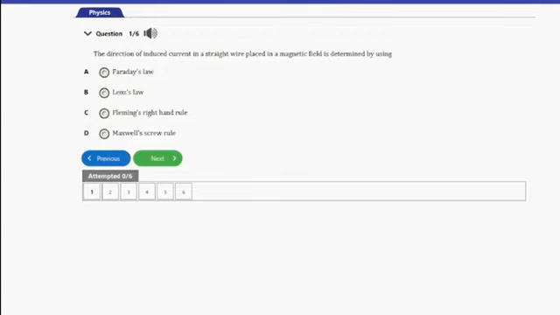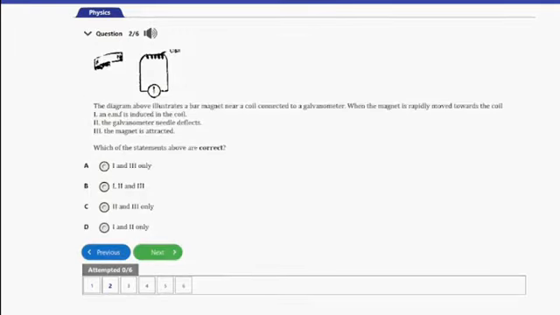Let's go ahead and consider the next question. So that's question number 2 here. It says the diagram above illustrates a bar magnet near a coil connected to a galvanometer. When the magnet is rapidly moved towards the coil, I. an EMF is induced in the coil, II. the galvanometer needle deflects, III. the magnet is attracted.